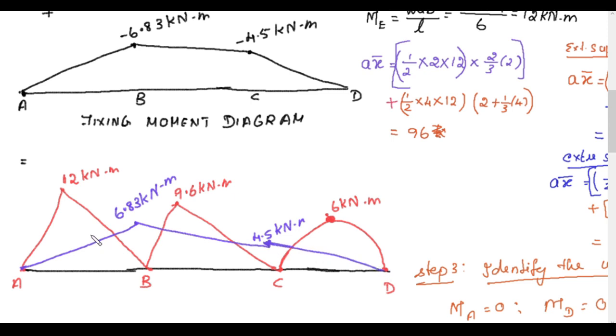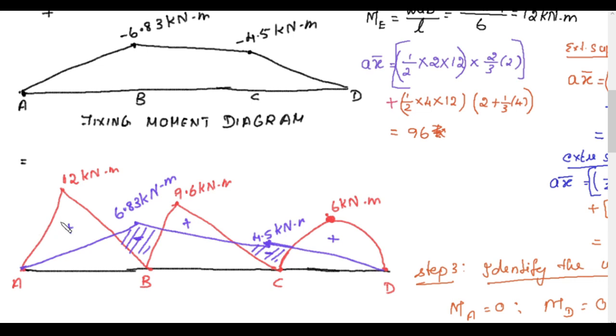Now what is the meaning of this? Here you have the negative bending moment at this portion, and same way at this portion, that is hogging bending moment. And the remaining portion we have the positive bending moment, that means we have a sagging bending moment.